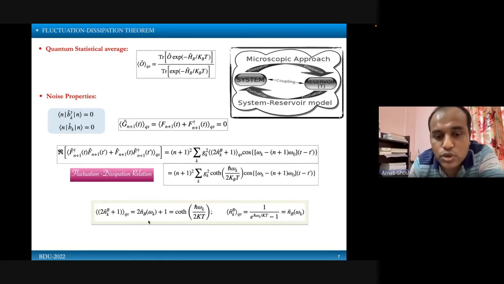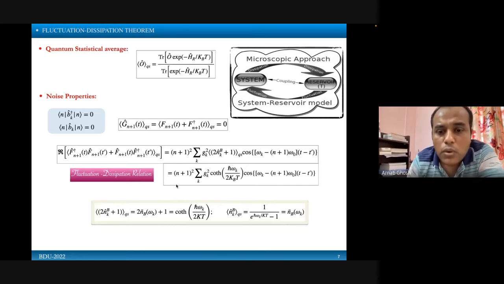At T equal to 0, this Bose factor n_b becomes 0. Even then, this plus 1 factor you can think of as due to spontaneous emission or the vacuum fluctuations. Because of this plus 1 factor, you still have non-zero noise correlations.